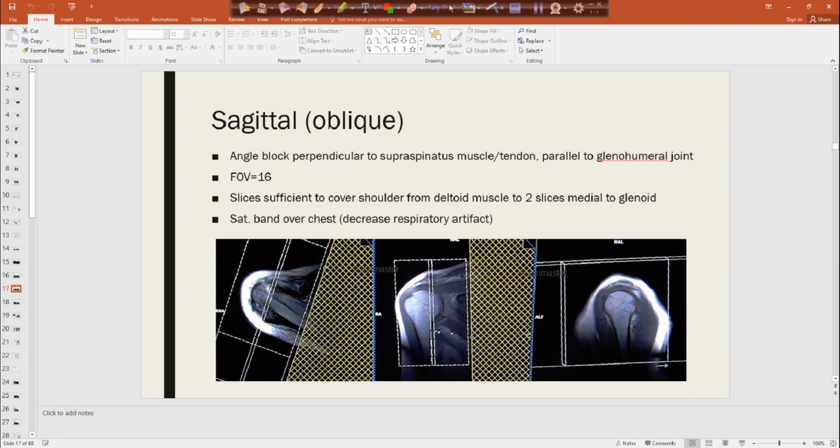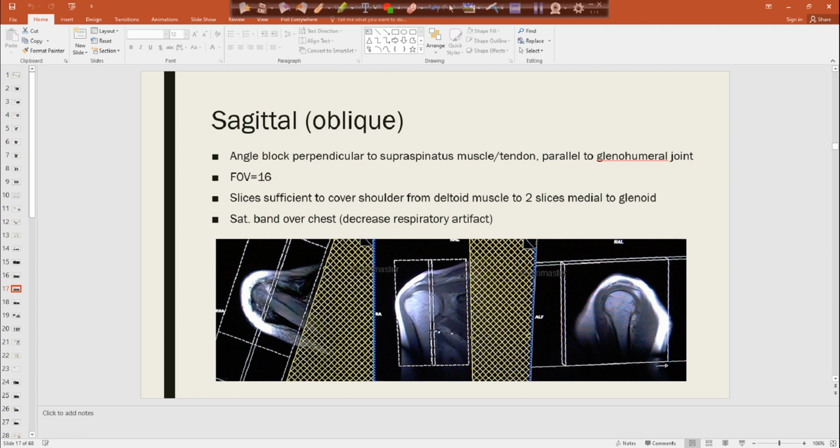No, it's if you adjust your field of view, that sometimes adjusts how big your voxels are. So it decreases your spatial resolution. So unless they have a very, very big body part, you don't really want to mess with your field of view. You definitely don't want to mess with your slice thickness on any of these, because if it's set at 3 millimeters, you want to keep it at 3 millimeters.